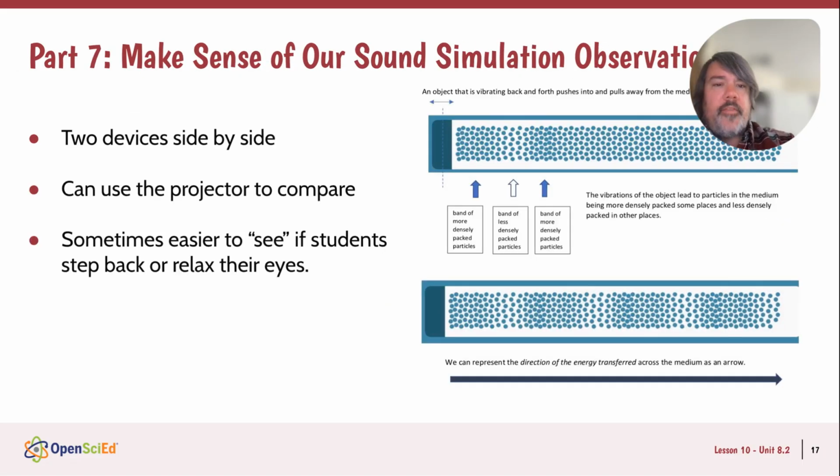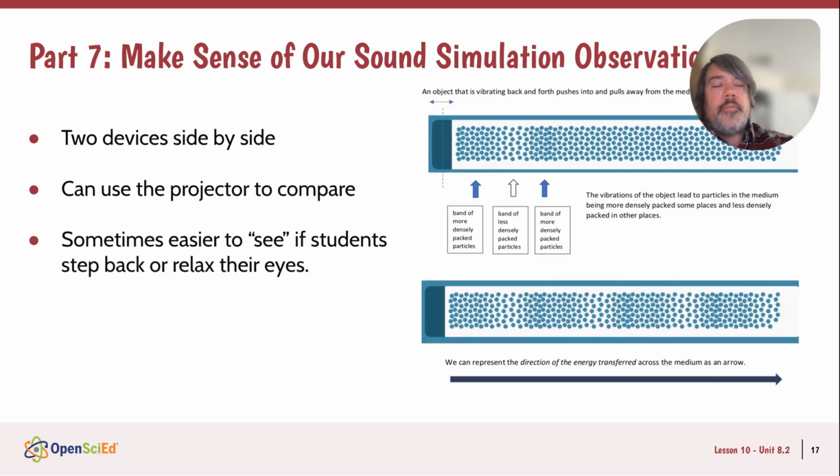In part 7, where students have the devices side by side, you could also use a projector to help students compare what they are doing. So maybe leave the loudness or the pitch all the way down, and that can help students compare what they have in front of them to what's up on the board or on the projector. And sometimes it's a little tough to make sense of the patterns that you're seeing.